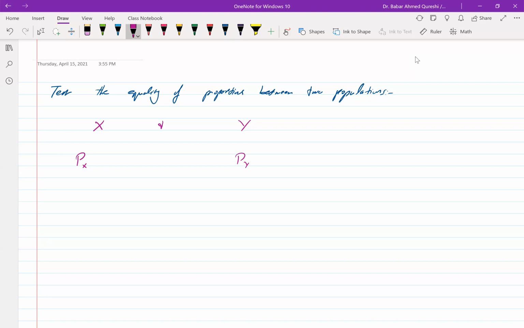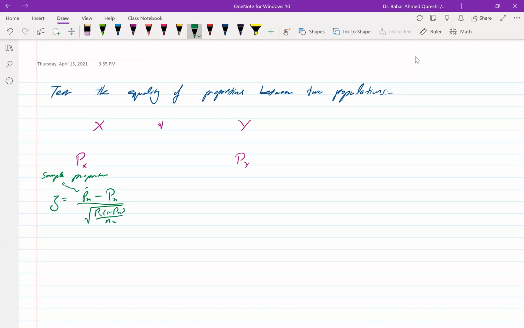Now we know that if we take a sample from X or Y, then this variable is a standard normal variable, where this is the sample proportion.